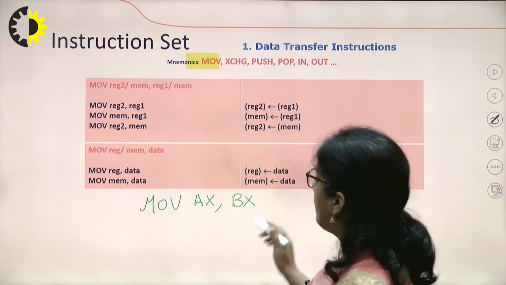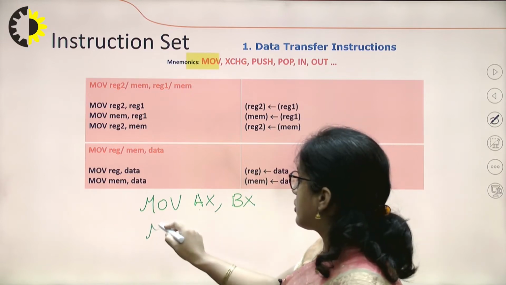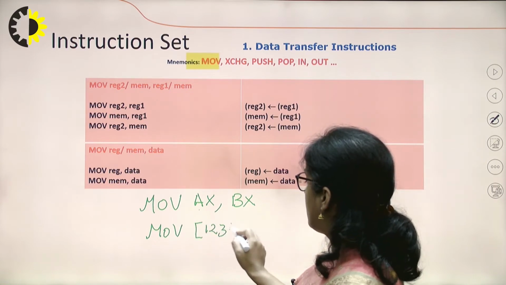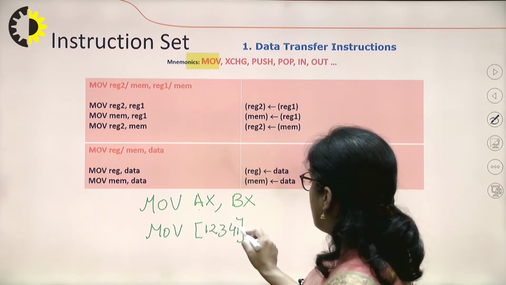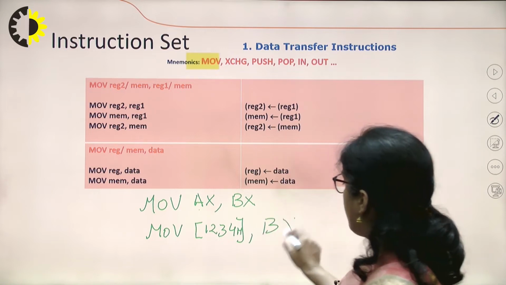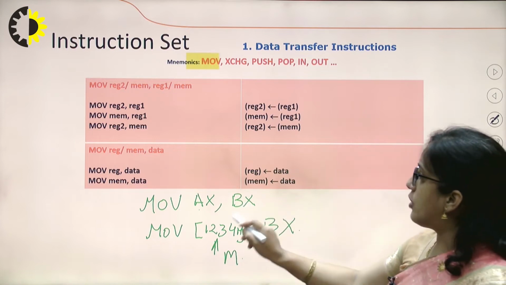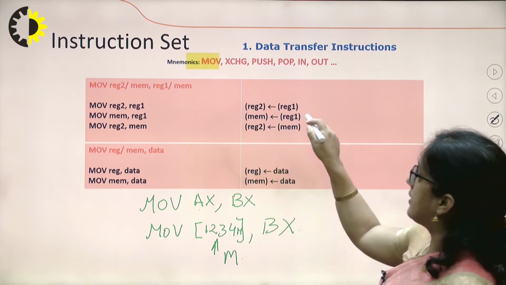Or we can write a MOV instruction where we specify the memory, and the content of BX is copied to the memory. This is the second case.